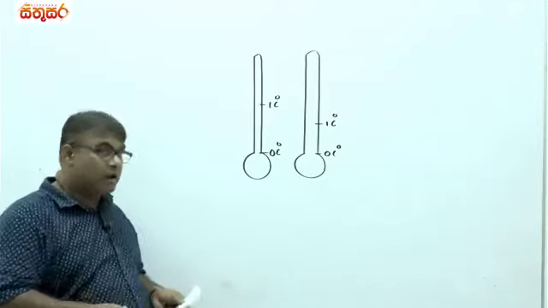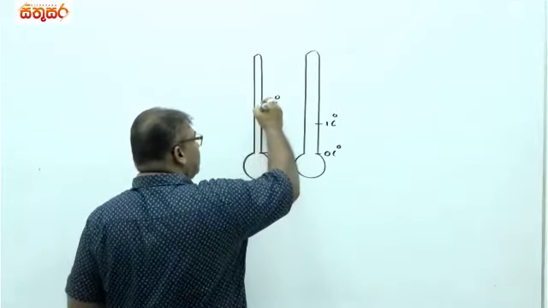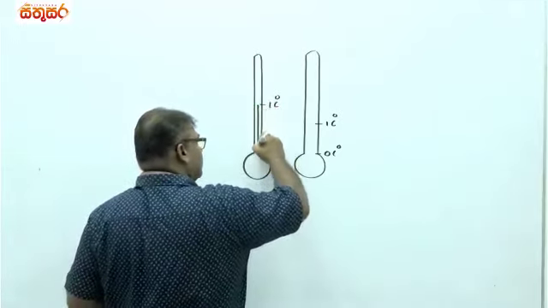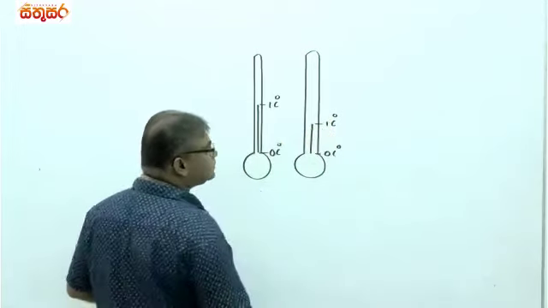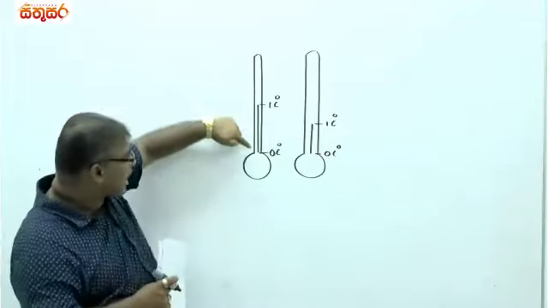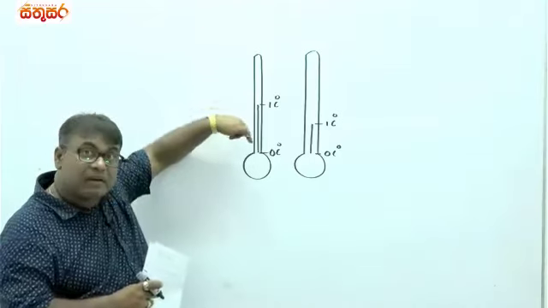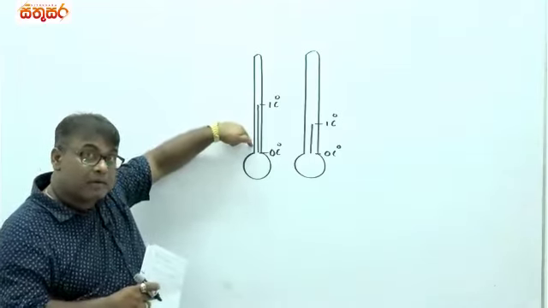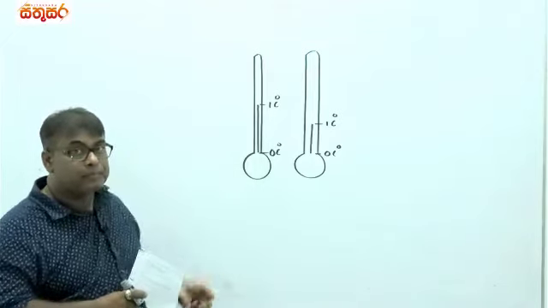Accuracy of reading. Underline accuracy of reading. Accuracy of reading is related with the percentage fractional error of the reading. If you can measure a large reading as the thermometer reading, the percentage fractional error is low, then the accuracy of the reading will be high.